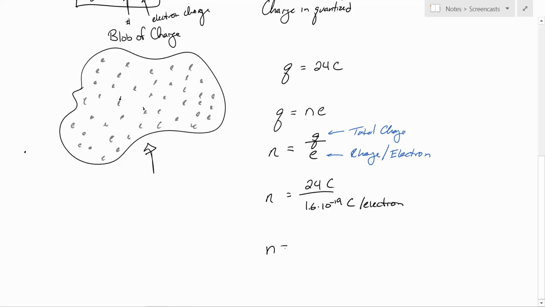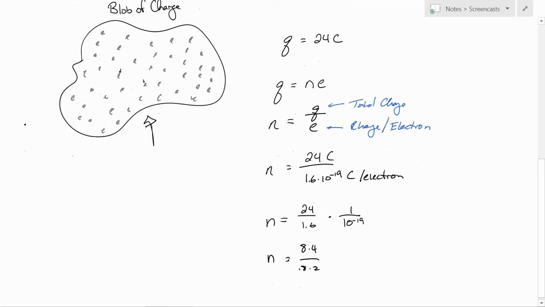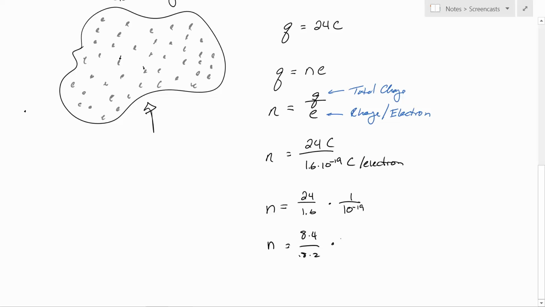I'd get numbers that I wish I had picked more carefully. So I'd have 24 divided by 1.6, and I'm going to separate out the coefficients, times 1 over 10 to the negative 19th. Let's see, 24 divided by 1.6. I can do math: 8, 16, 24, so 8 times 3.